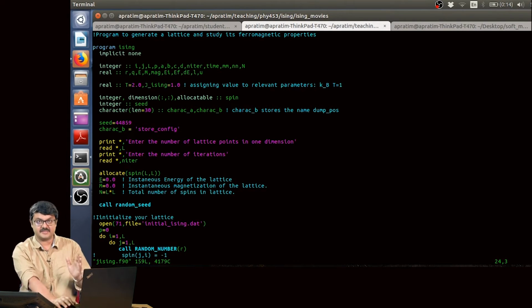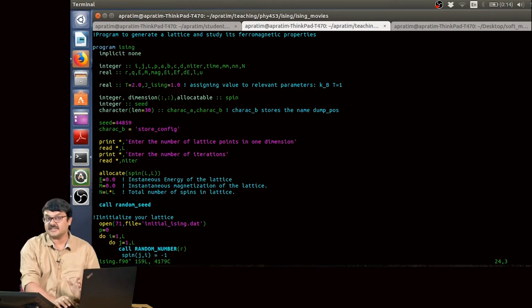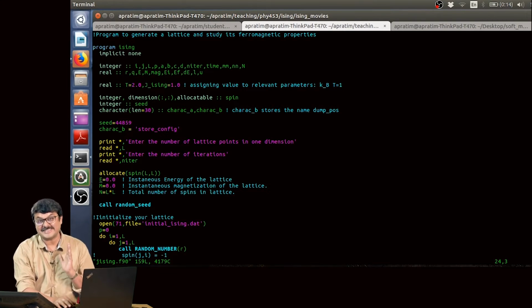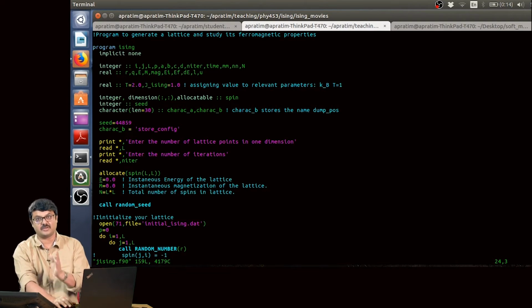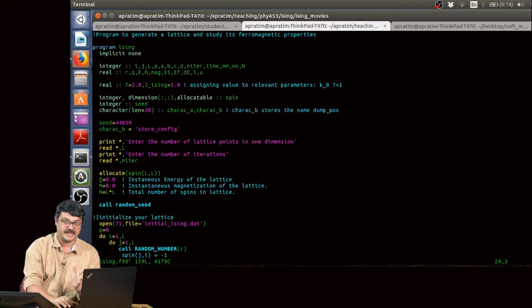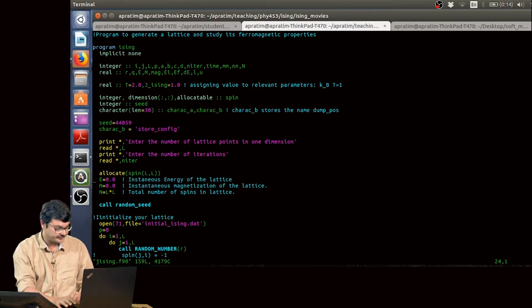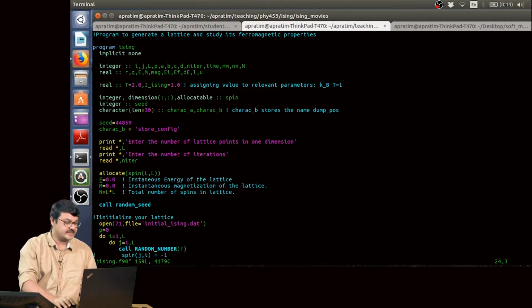Now, this is not the thermodynamic energy, this is the instantaneous energy when you generate a microstate with a particular configuration of the spins. What is the energy of that lattice, of that particular configuration of spins or that microstate? You have to average over different microstates to get the thermodynamic average, remember that, right. We shall do that later.